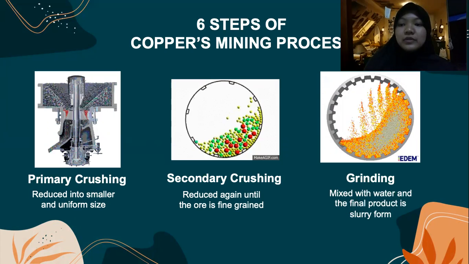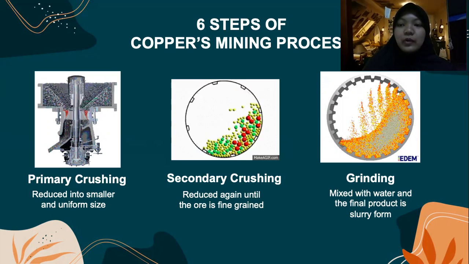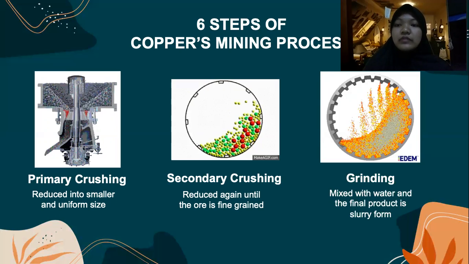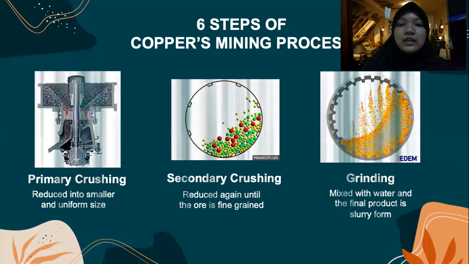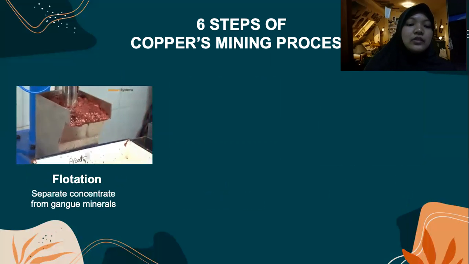The result from the previous step is processed again in a machine called a ball mill. The ball mill will grind the material into powder, then mix it with water. So the result from this process is a slurry form. Next, the fourth process is flotation.